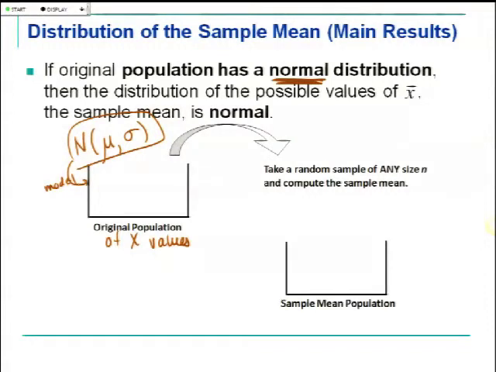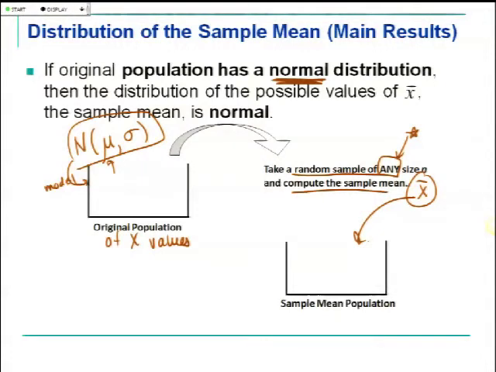You want to learn about the true mean? So you take a random sample, and it can be any size at all. It does not have to be large. It can be just 5. You compute the sample mean, get your x bar. Consider writing that x bar on a ball and throwing that ball into this new basket.